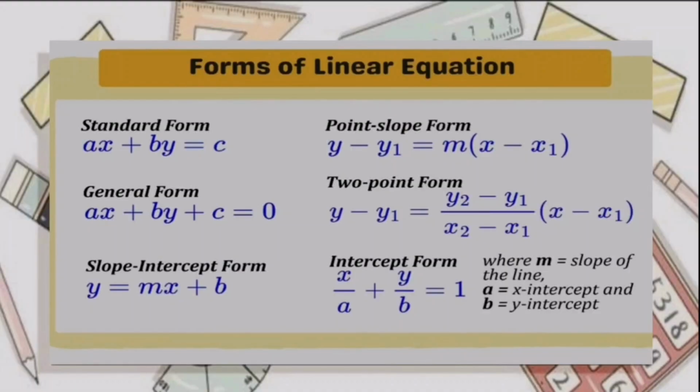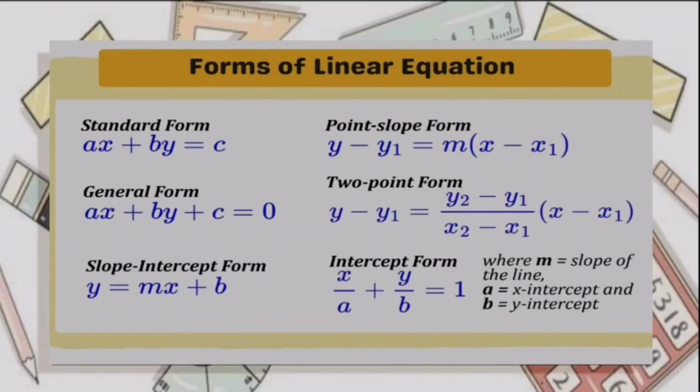The second one is general form. The formula for this is ax plus by plus c is equal to 0, meaning similar to standard form, but everything is on one side. Use, often used in higher math, convenient for graphing and analysis.